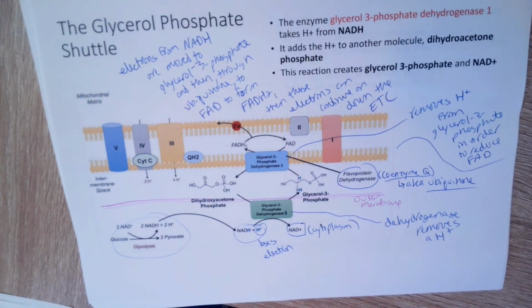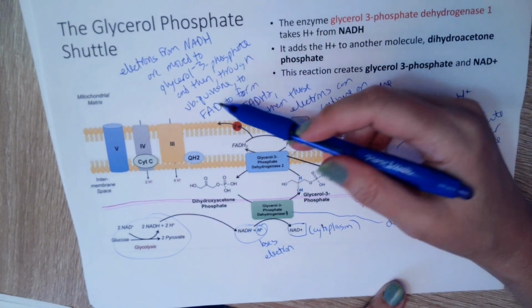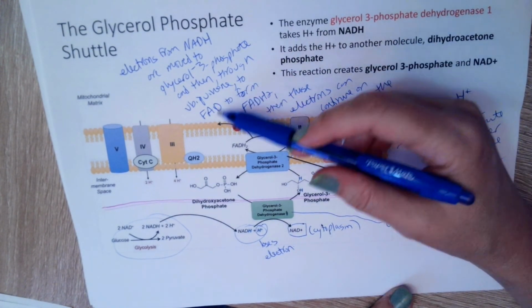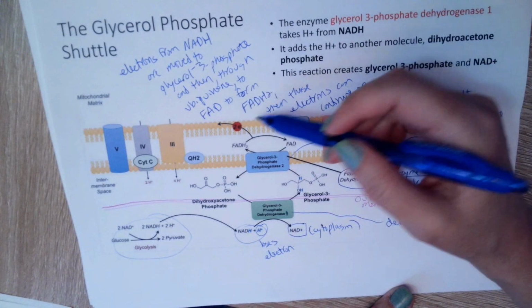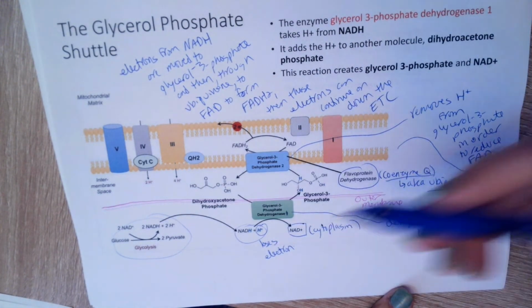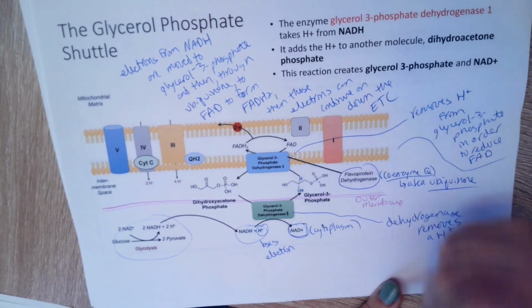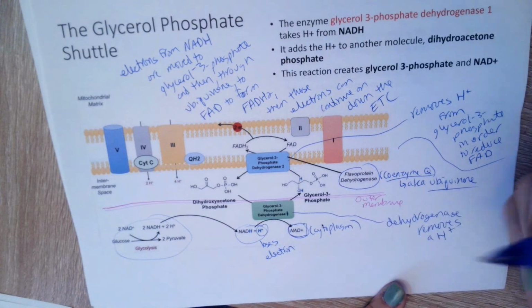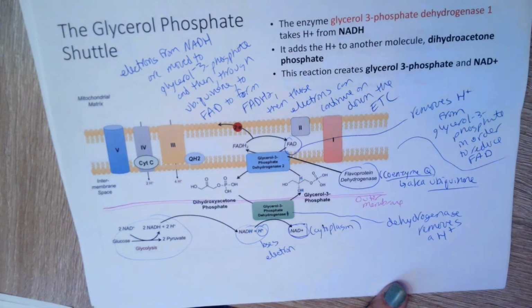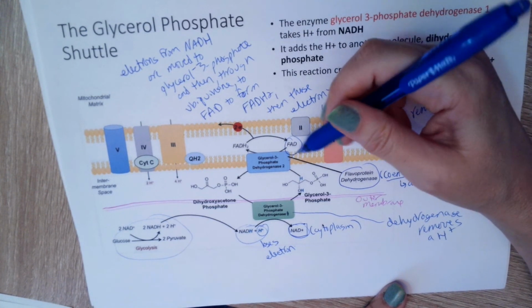Okay, now in the meantime, as we have taken those electrons from an NADH and moved them onto glycerol 3-phosphate into the intermembrane space, the ubiquinone takes those electrons, adds them to FAD to form FADH2, and then on through the electron transport chain. In the process, we have created NAD+ out here in the cytoplasm and FAD in the matrix of the mitochondria.